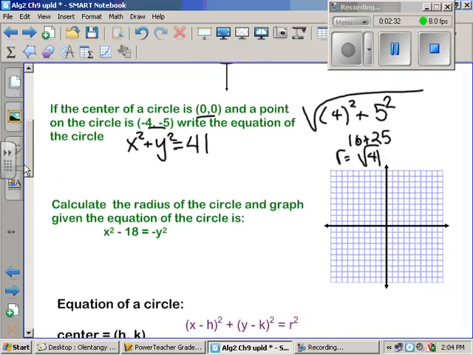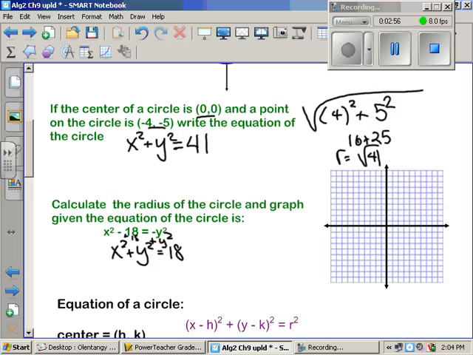This one is in standard form. It gave us the equation, it's just not in standard form, because the x and the y have to be on the same side and the 18 on the other side. So I'm going to add y squared to both sides, and I'm going to add 18 to both sides.